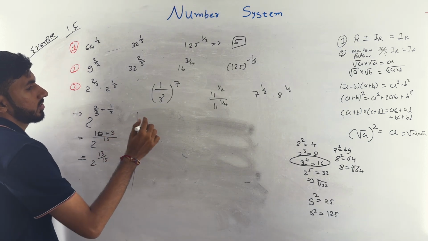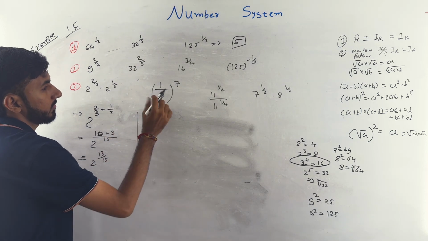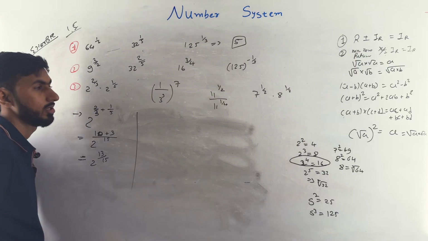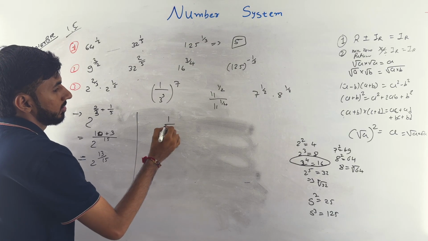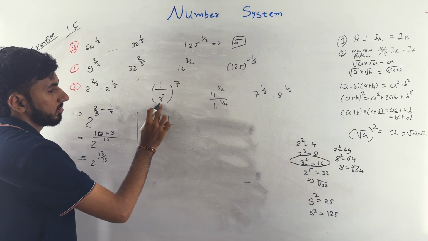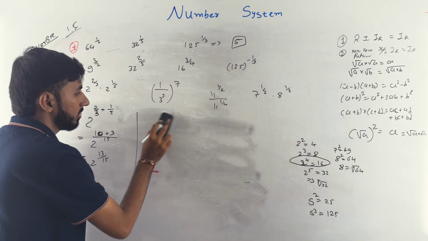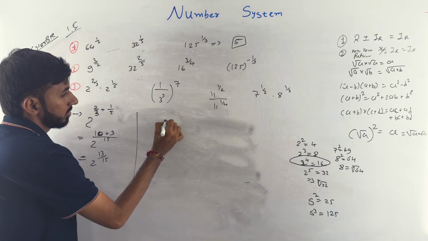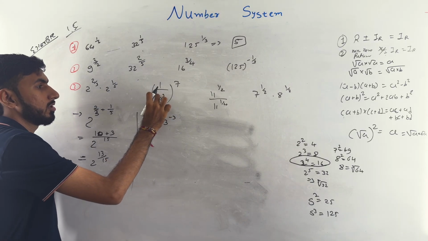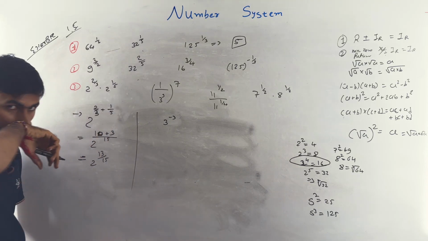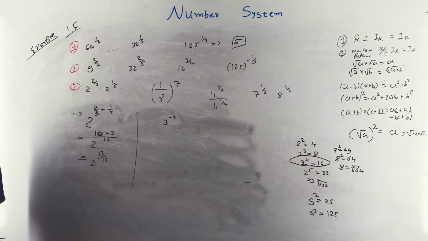Now here we have the second question. 1 upon 3 power 3, and again we have power 7. So if you want to simplify it, you can simply write 3 power minus 3. If I put the denominator in place of numerator, my power will change the sign, right?